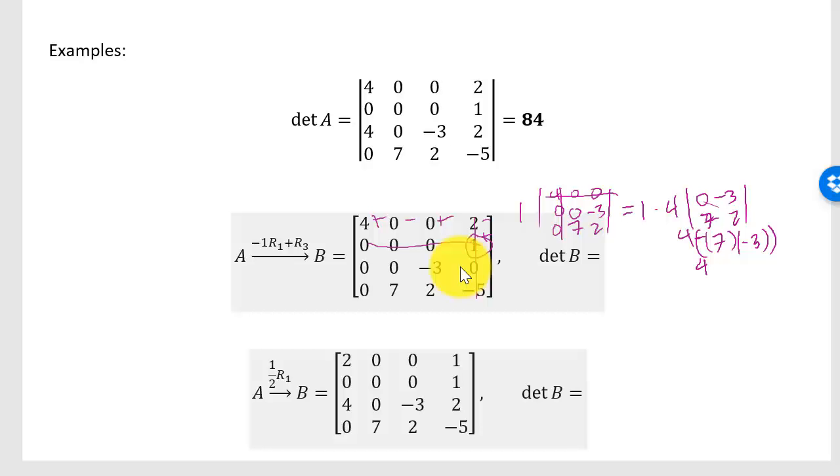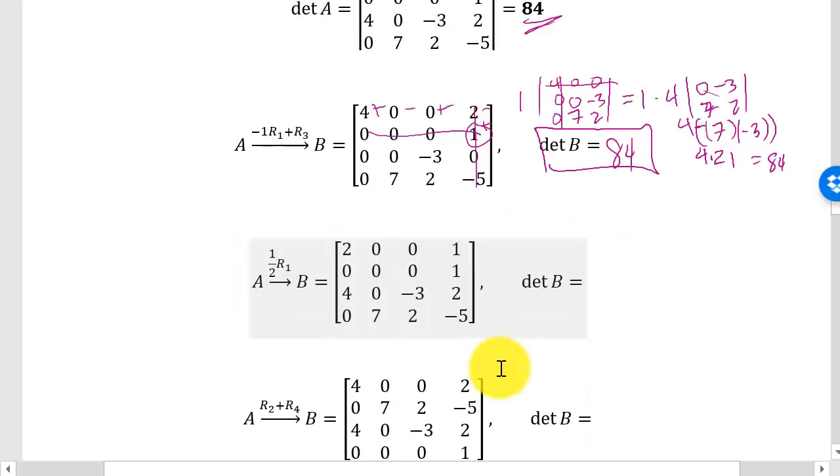So this is going to be 4 times 21, and we multiply that, it's going to be 84. So 84, as we predicted. By doing this particular row operation, it does not change your determinant.